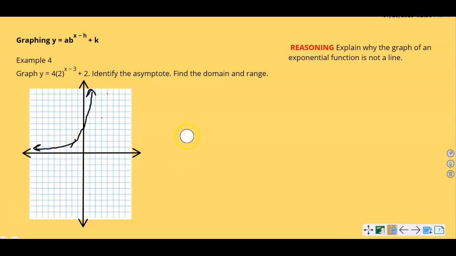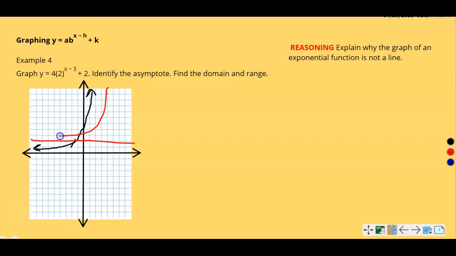All right, so not as bad as it could be. Sometimes I feel like when I'm writing on here, I'm writing like I was in kindergarten, but that's just how it is. All right, now I shifted this one up 2. So now instead of approaching 0, it's going to approach this line right here. So I'm going to come down.